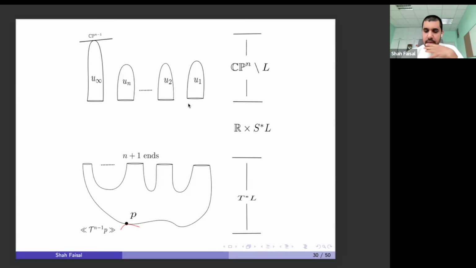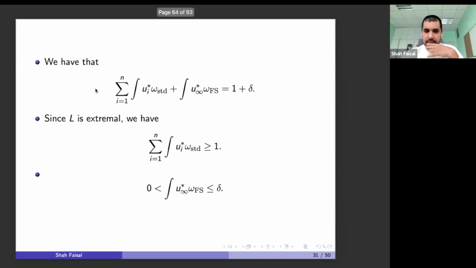Okay. So when I compactify these to smooth disks with boundary on L, n disks will be in the unit ball, but this one would be intersecting the hypersurface at infinity. So the symplectic area of these smooth disks adds up to 1 plus delta, and that's precisely the area of the holomorphic sphere I stretched.